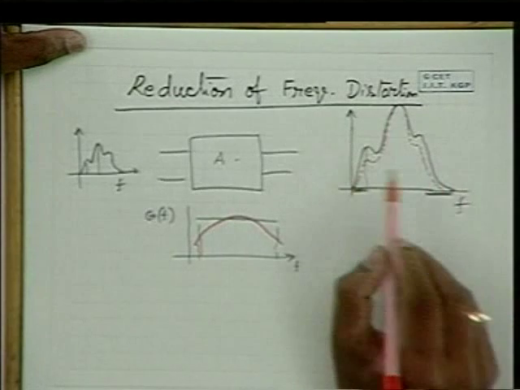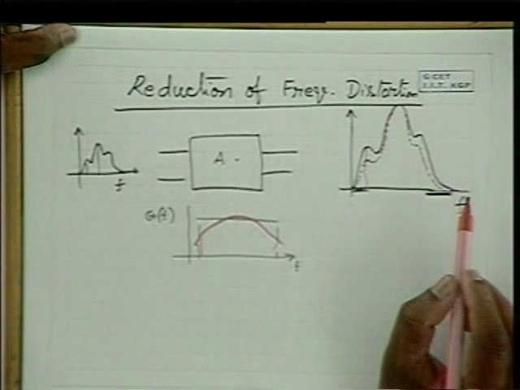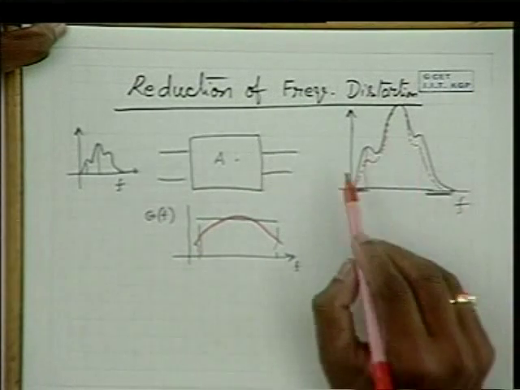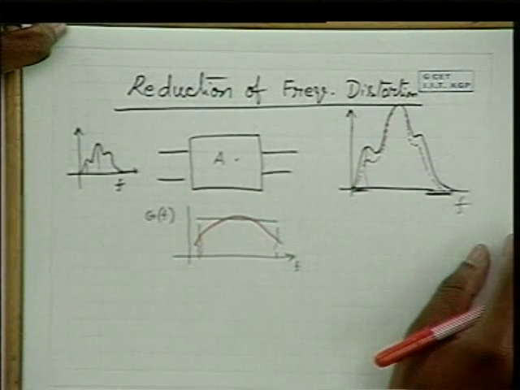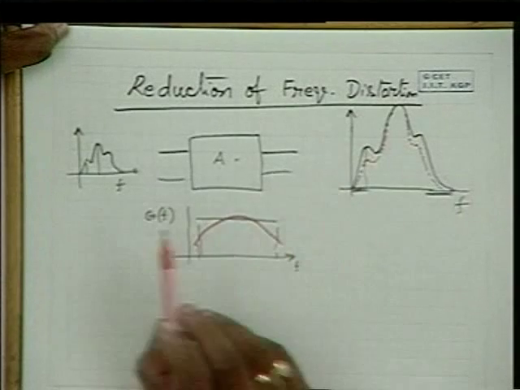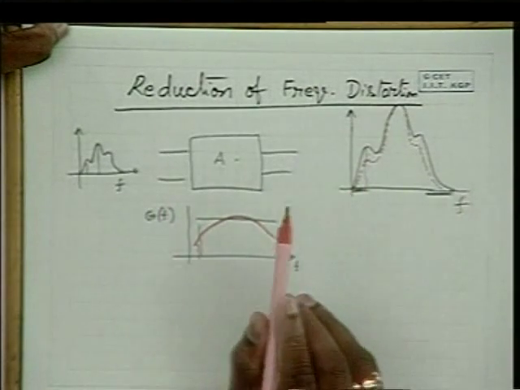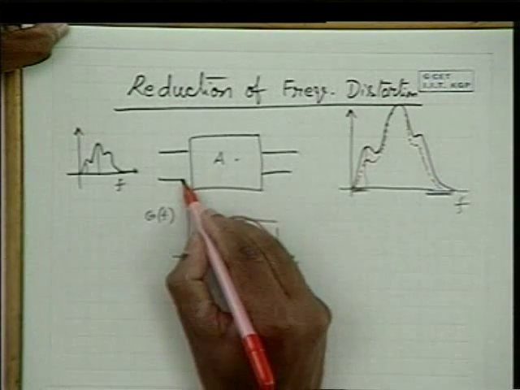So this is known as frequency distortion, that is different frequencies getting amplified by different gains. Now the frequency distortion can be reduced by means of feedback.